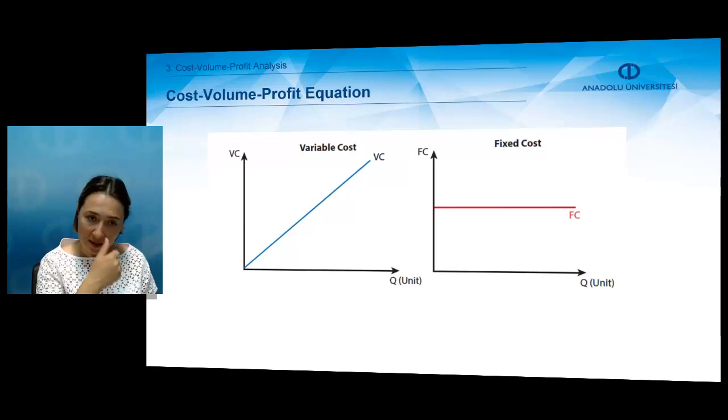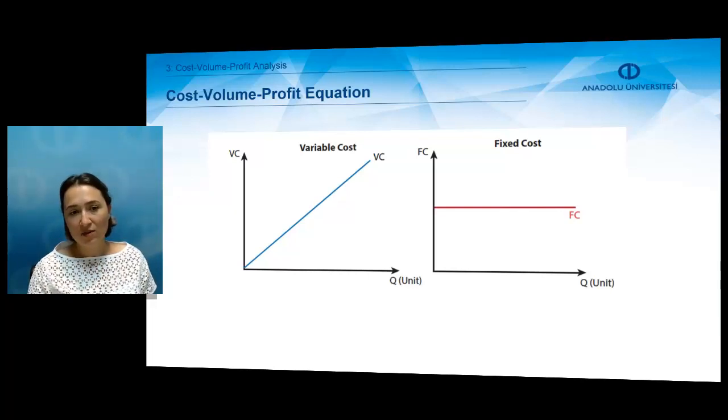Variable costs, on the other hand, increase with the level of quantity. If we go to the right-hand side in the quantity dimension of the variable cost figure, it means that we increase the quantity that we produce. If we draw a line along the variable cost line, we can see that if we increase the quantity, then our variable cost is increasing.